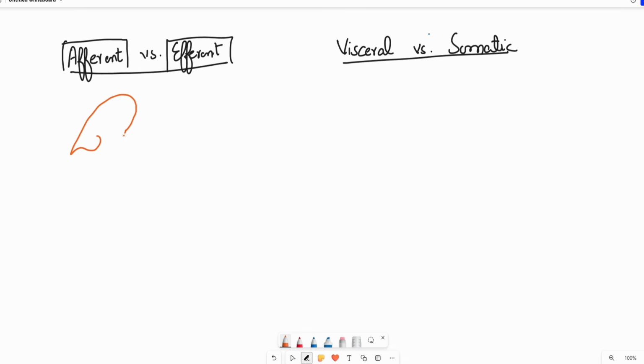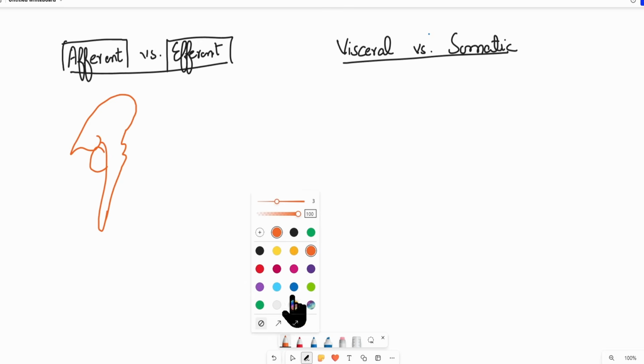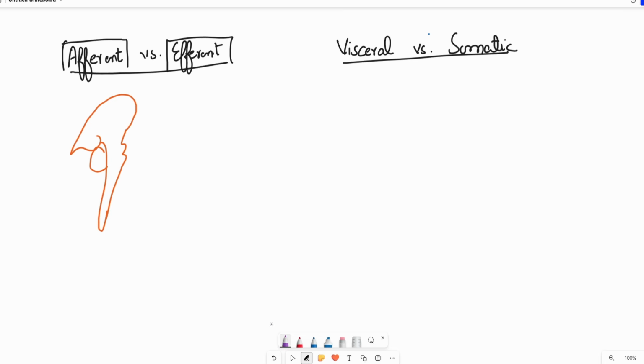So let's make a simplified diagram, Dr. Najeeb style, of the central nervous system. For example, here this is the skin, a part of skin, in a simplified diagram again.